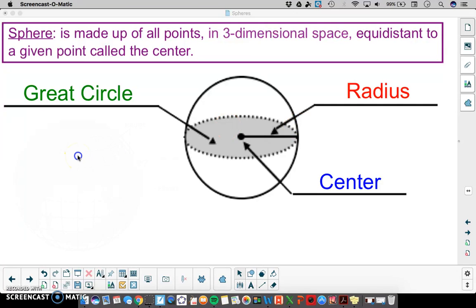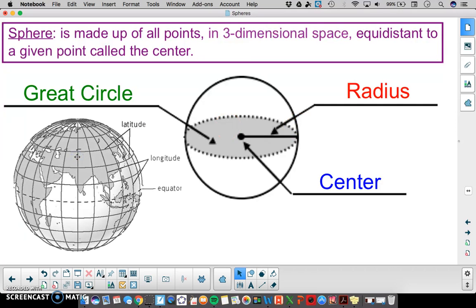If we were to look at the globe, which is an example of a spherical figure, the lines of longitude and the equator are actually great circles. All of the other latitudes, except for the equator, are not considered great circles because they do not have the same radius as the sphere itself. But all of the longitude lines and the equator do.